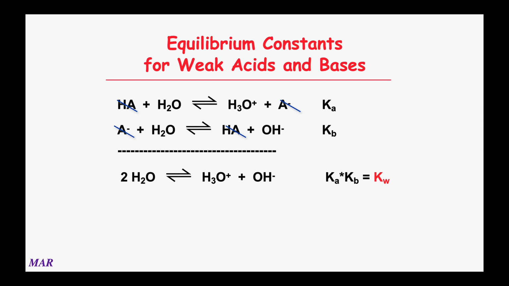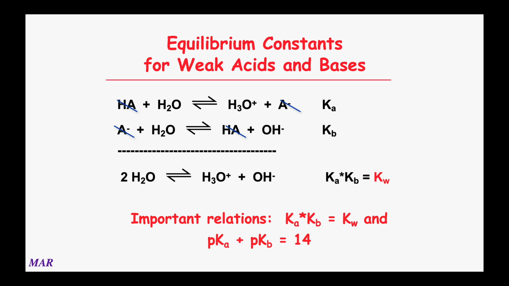Remember, if you add equations together, you can multiply the Ks to get the overall K. This is just Kw. So why I bring this out is that if you have a weak acid and its Ka and its conjugate base with its Kb, Ka times Kb, if they're conjugates, will equal Kw.